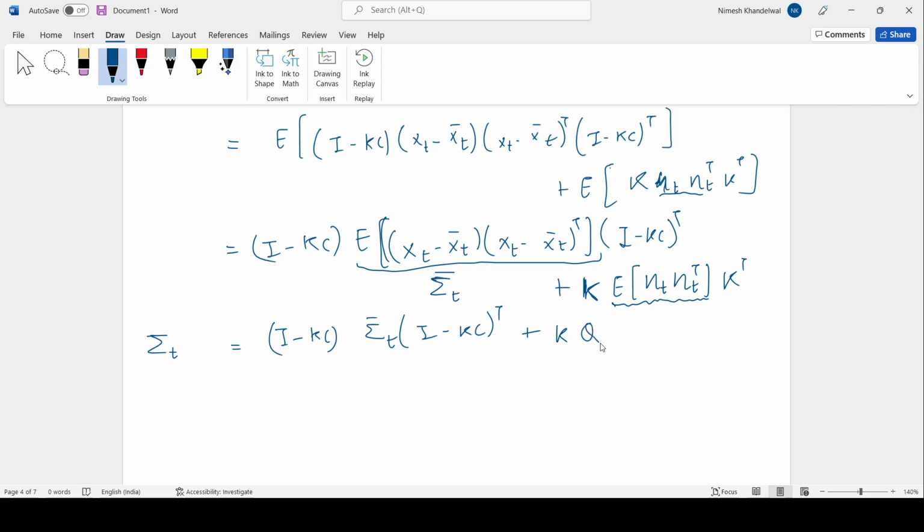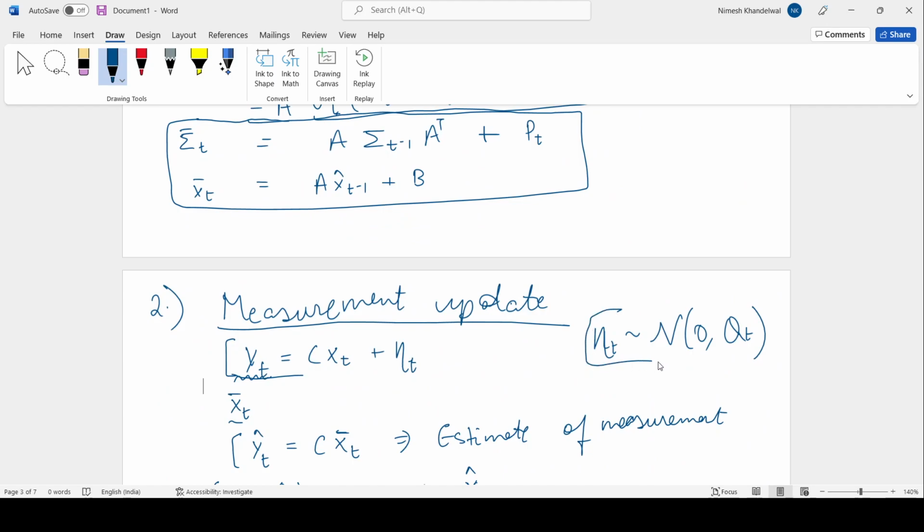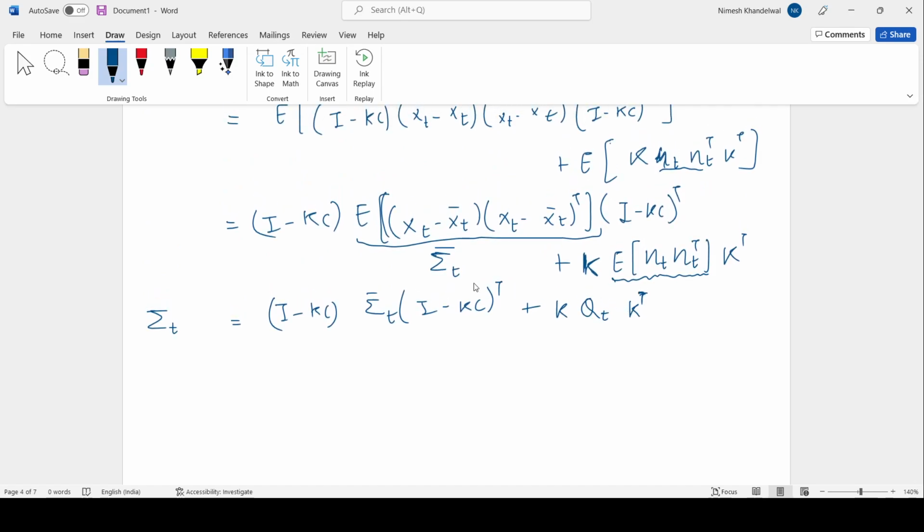And we had assumed that the variance of eta is Q t, right? We had assumed that eta is a random variable with zero mean and Q t variance.